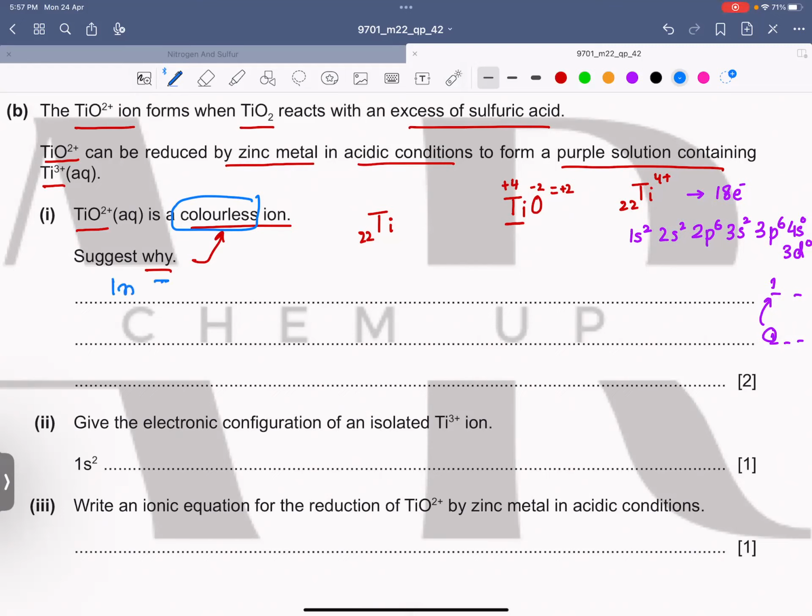So I can write over here that in TiO2 positive, the oxidation number of titanium is 4 positive.